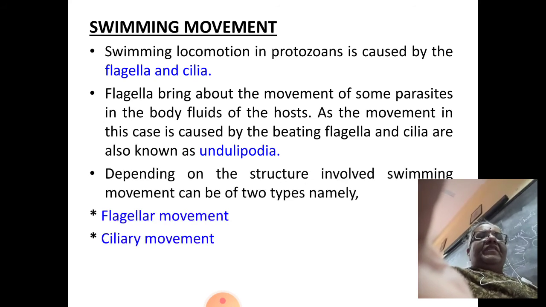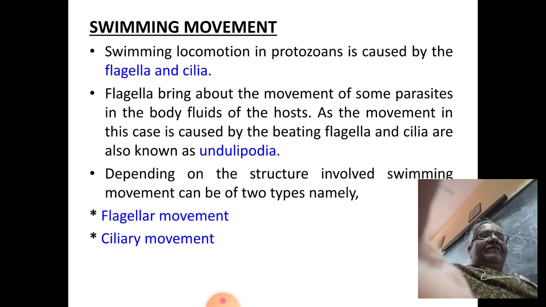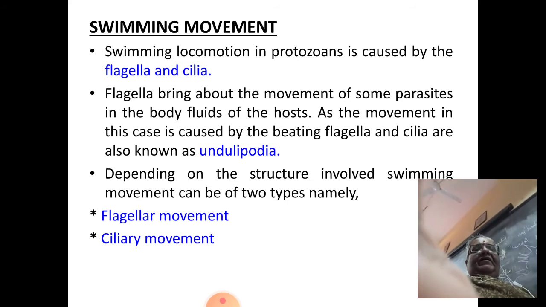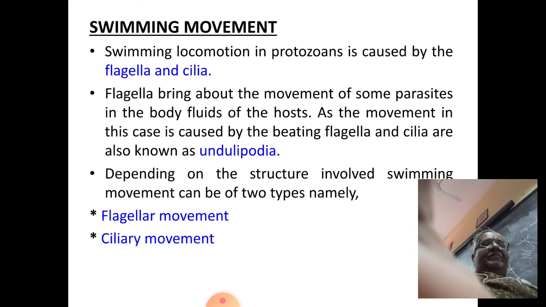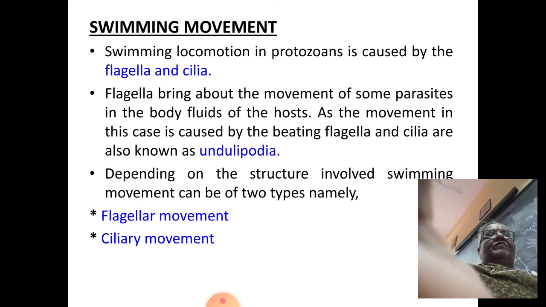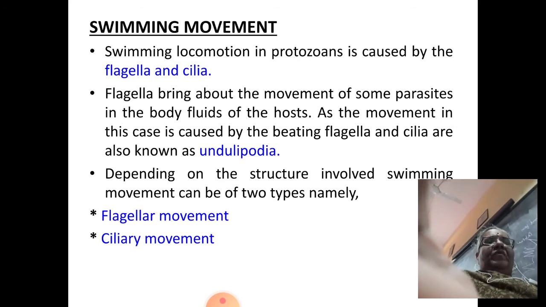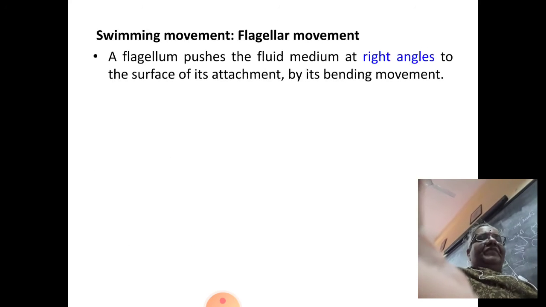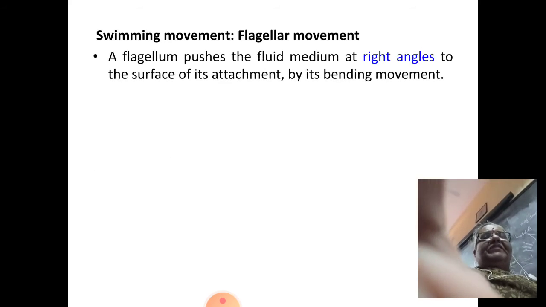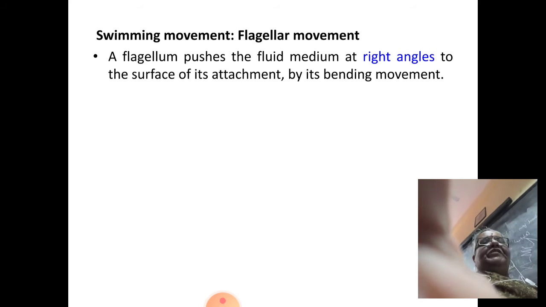Then, depending upon the structure involved in swimming movement, you can have two types of movements, namely flagellar movement and ciliary movement. Now let us study the swimming movement or flagellar movement.